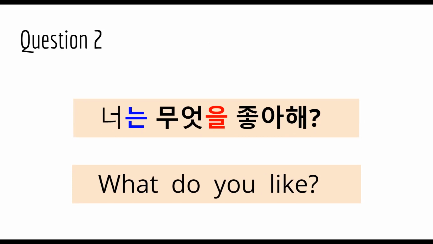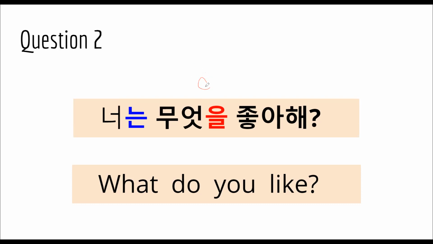Question 2. 너는 무엇을 좋아해? 는, which is in blue, is the topic marking particle for 너, which ends in a vowel. The second word used here is 무엇을. 무엇 is what, and 엇 is in the CVC form.